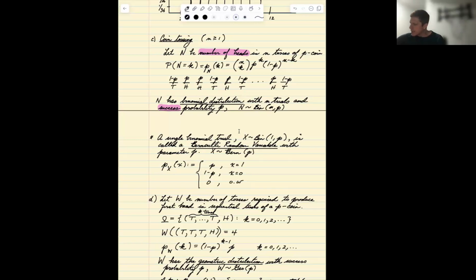Another way to write this formulaically is p to the power x, times (1 minus p) to the power 1 minus x, if x is 0 or 1, and 0 otherwise.